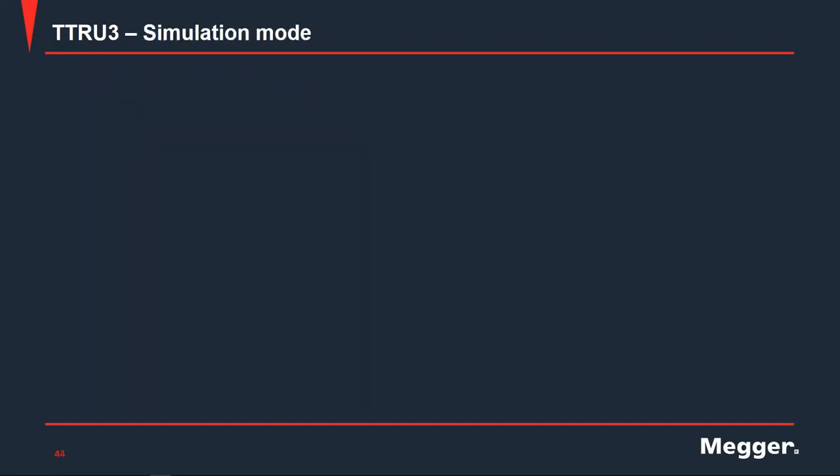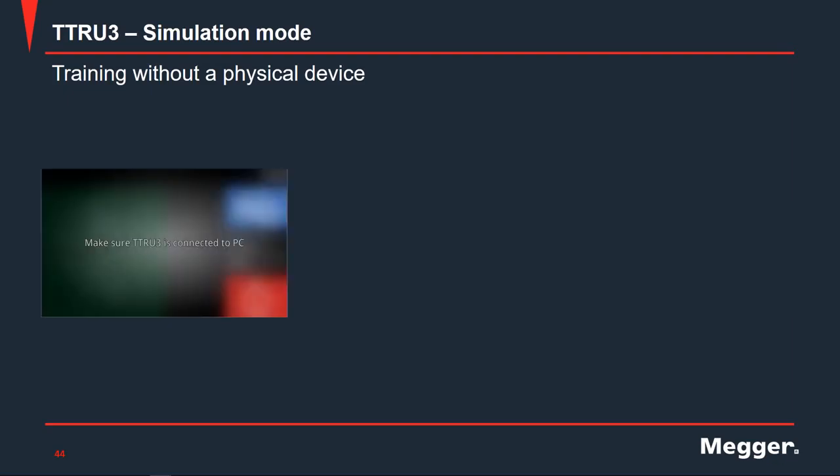And we facilitate that learning process through simulation mode. So you don't need a physical device to do any training with the Ttru3. You just need to download and install the software. When you first launch the software, it will look for a Ttru3. It will ask you to make sure that it is connected to the PC.